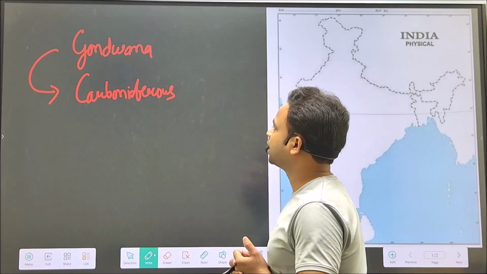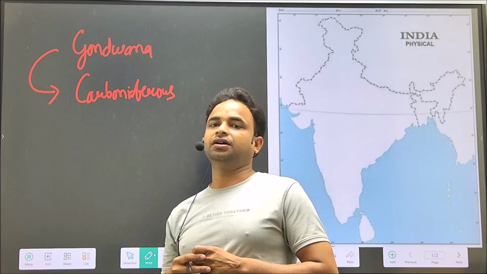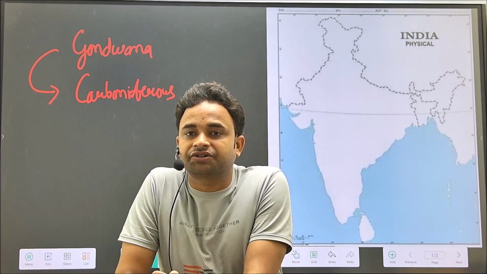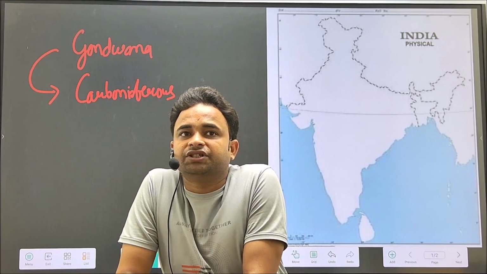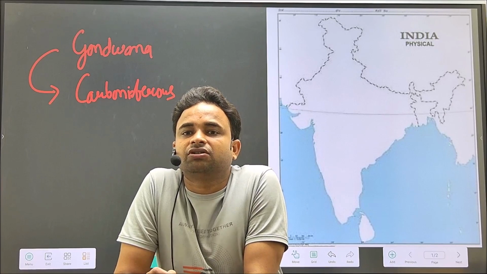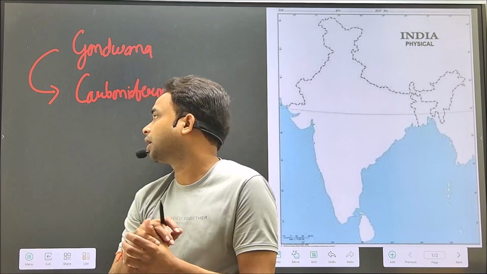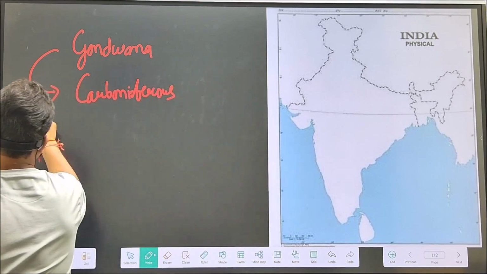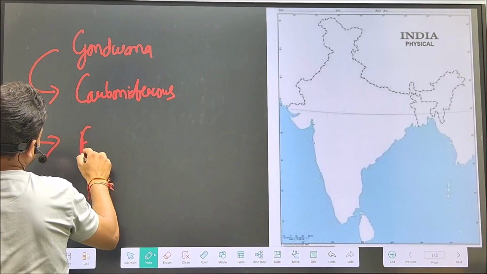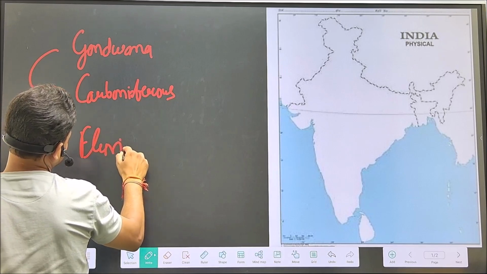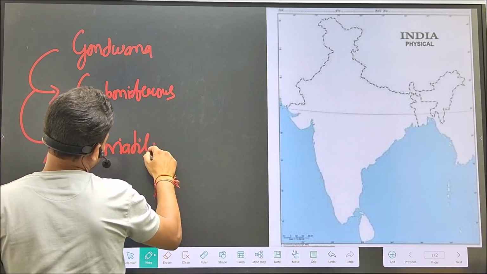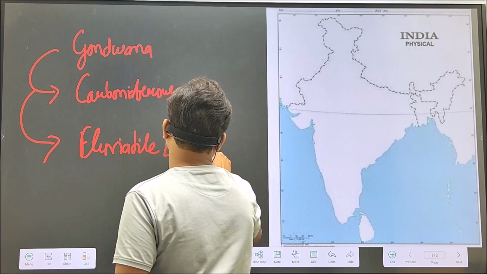And Gondwana is basically fluvial and lacustrine type rock, which is formed by deposition of sediment with biotic component.